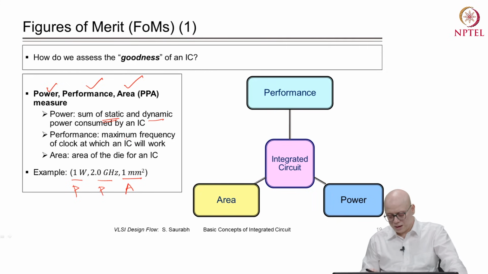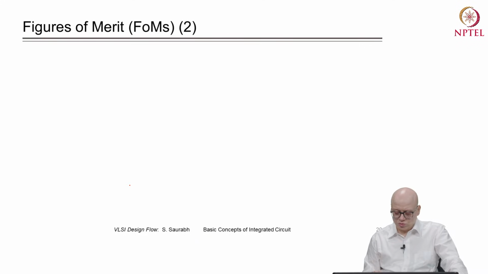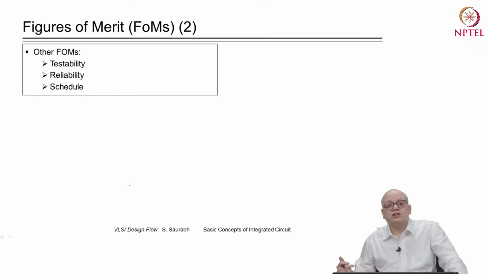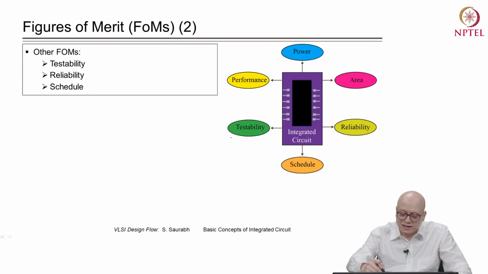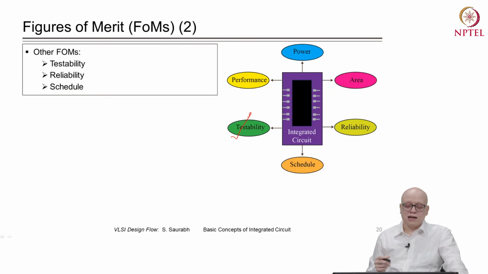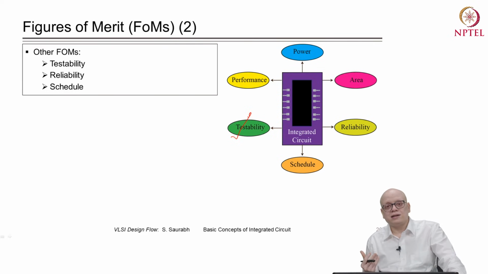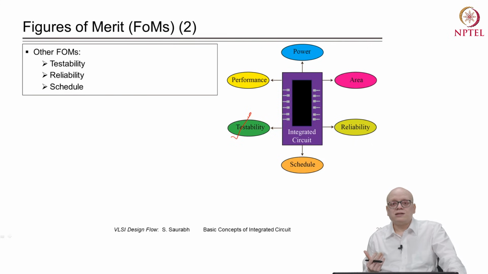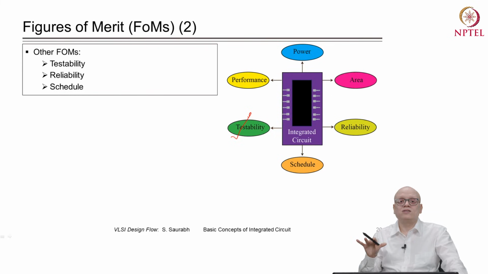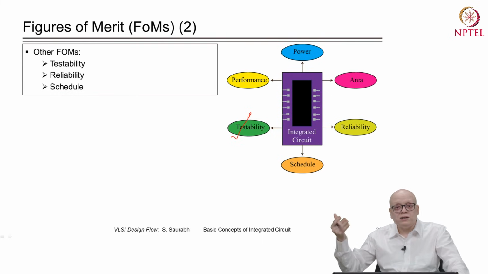Now, in addition to PPA measures, there are other figures of merit. Those are testability, reliability, and schedule. What do we mean by testability? Testability means how well we can test an integrated circuit. As we discussed, when we manufacture or fabricate integrated circuits, not all are defect free. Some will have defects, and most of them will be defect free.